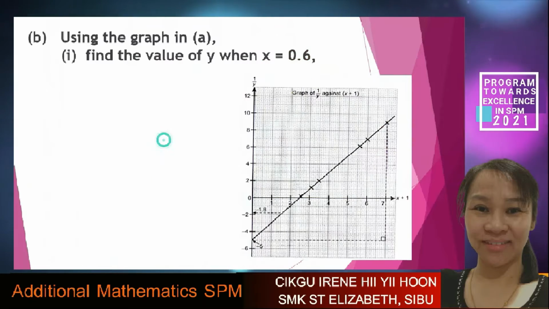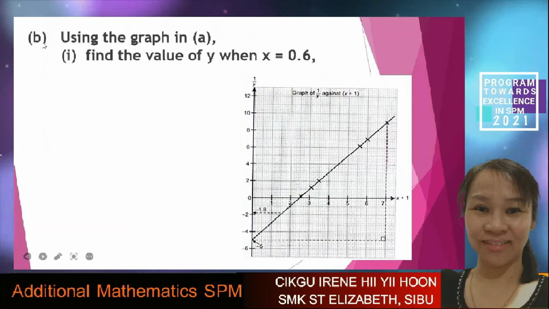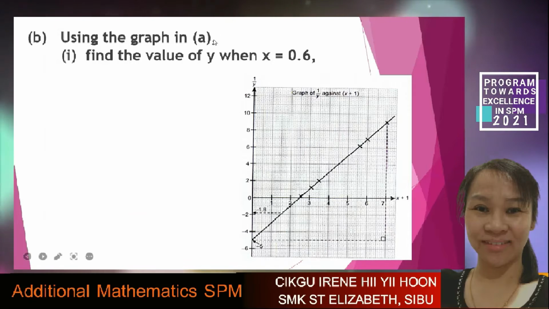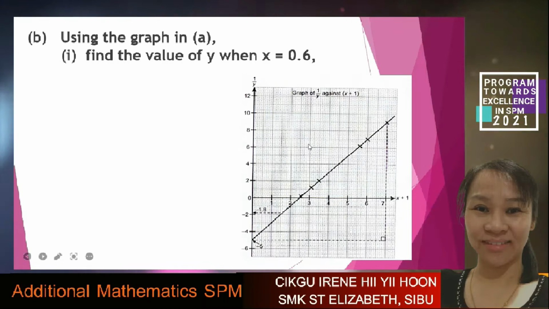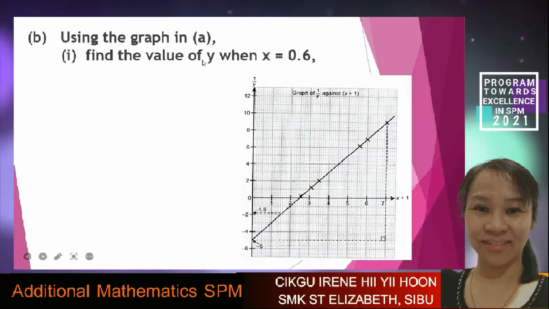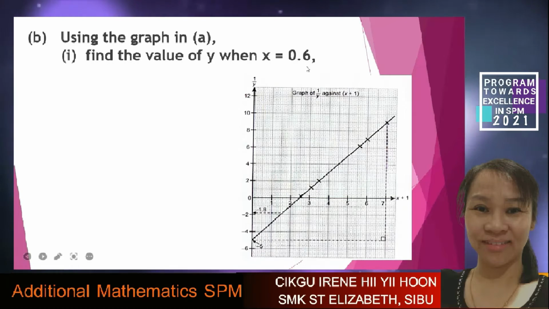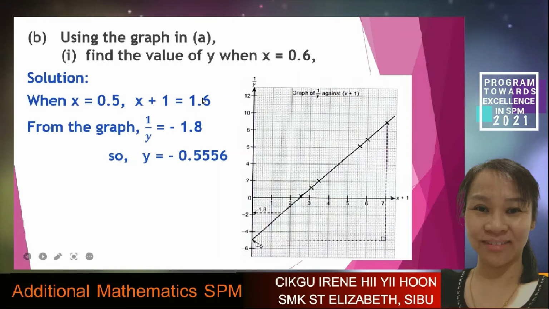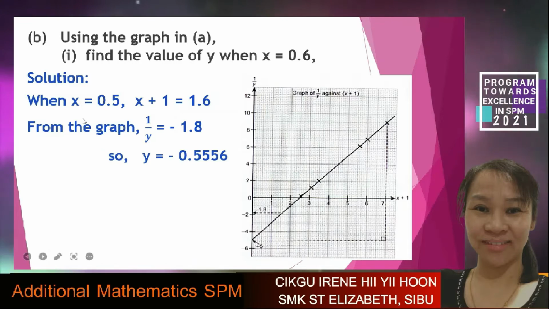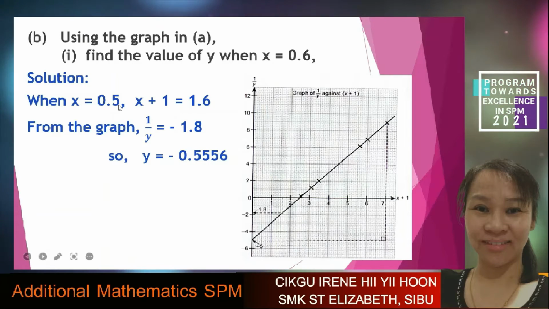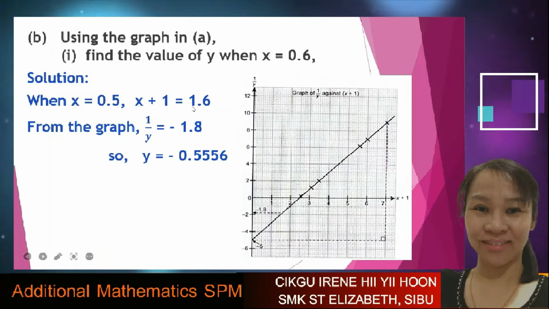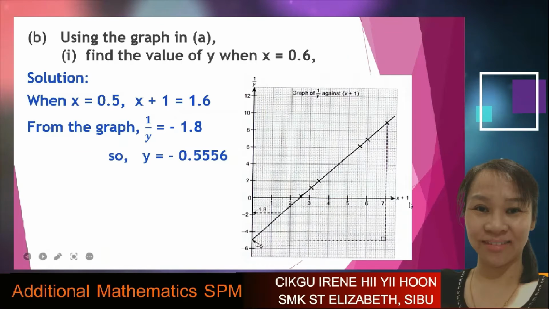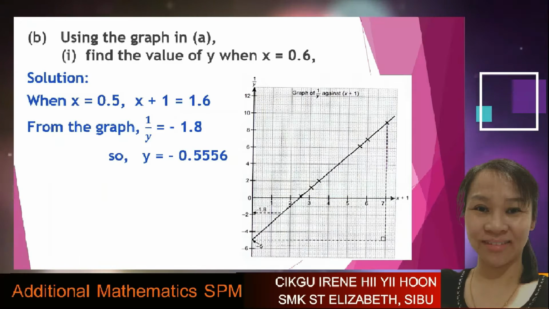Okay. So look at question number B. Using the graph in A, so this is the graph plotted in A, find the value of y when x equals 0.6. Let's look at the solution. When x equals 0.6, x plus 1 equals 1.6, because here the variable on the x-axis is x plus 1.